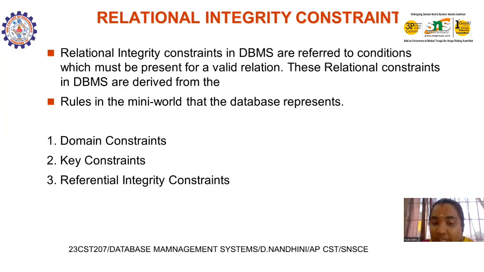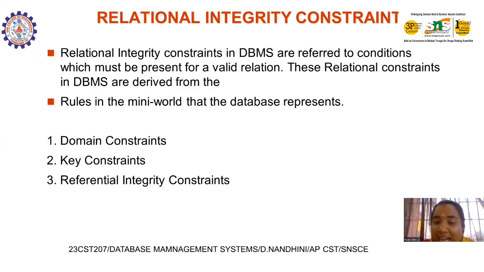So these relational integrity constraints maintain data integrity in a DBMS. The key constraint ensures which attributes and columns uniquely identify tuples and rows. It is crucial for data integrity and uniqueness. There are some key constraints like the primary key.